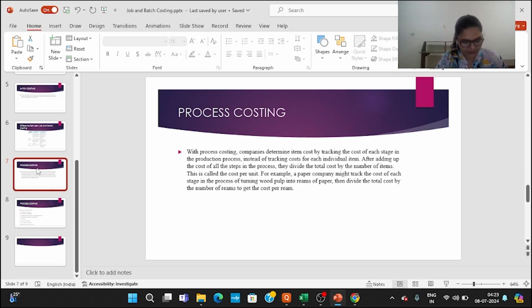In this method, the output of the first process works as the raw material of the second process, and the output of the second process works as the raw material of the third process, until the product is finally completed.